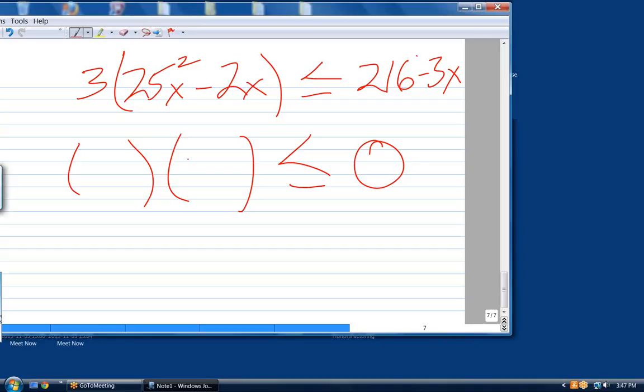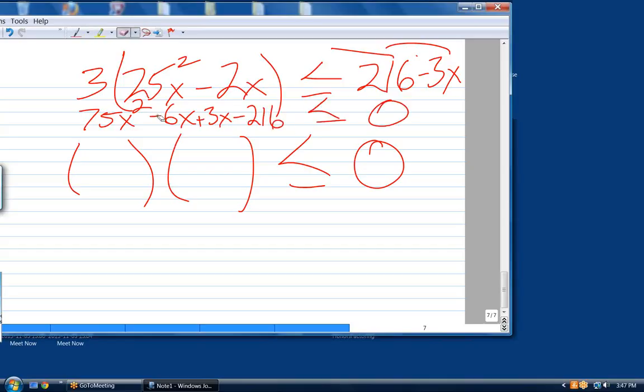Okay? But let's go through this real quick. Distribute these out. So you'd have 75x squared minus 6x is less than or equal to... I'm going to bring both of these numbers over because I want everything on the left side. So plus 3x minus 216 less than or equal to 0.